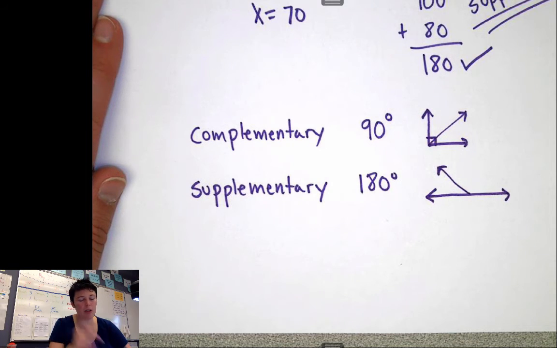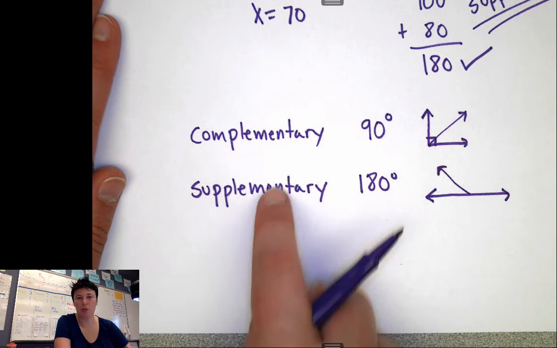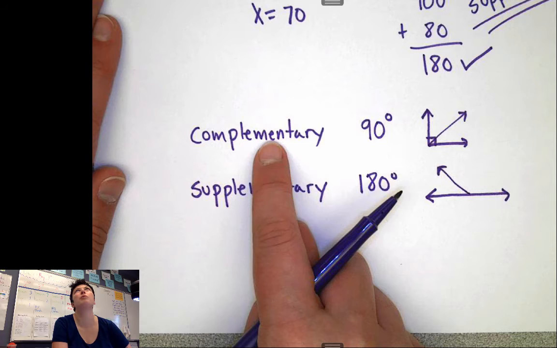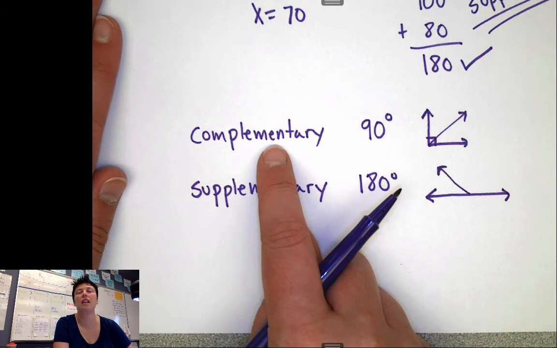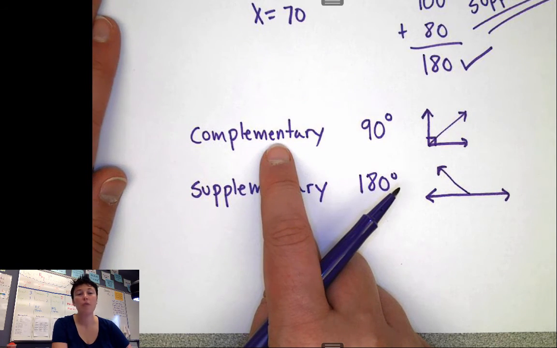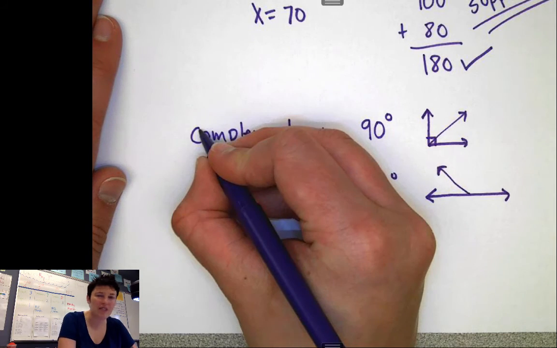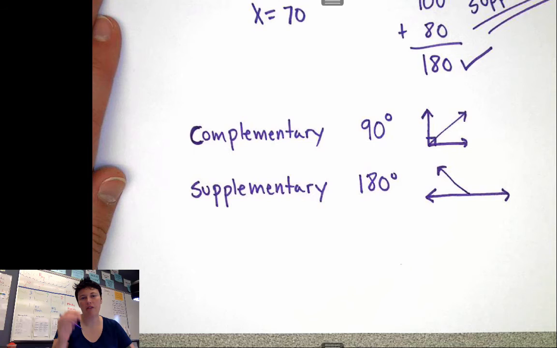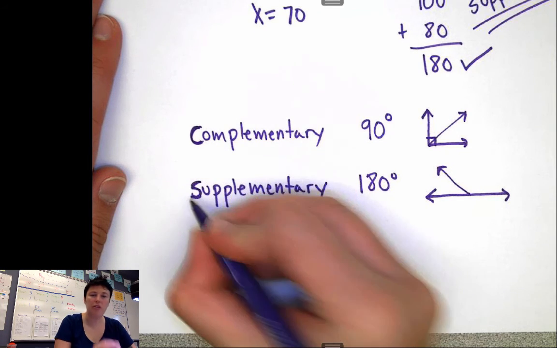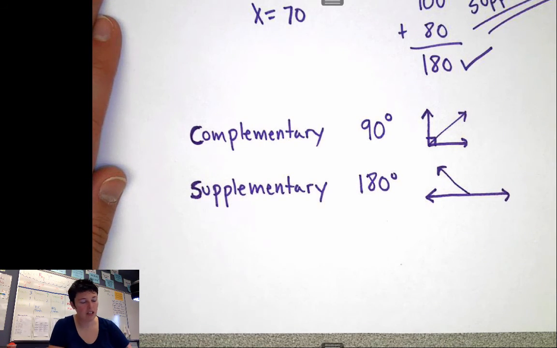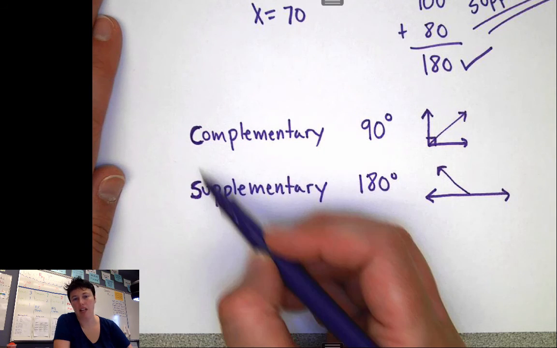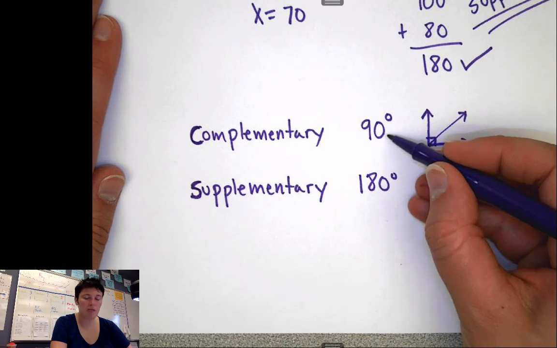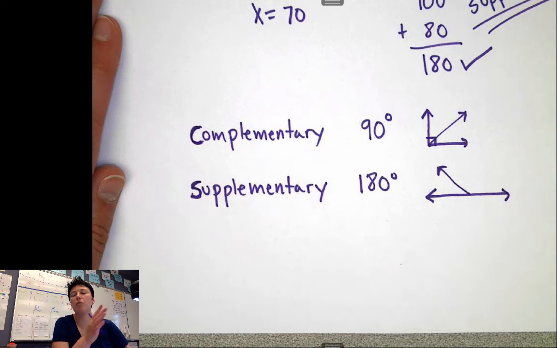The way I kind of remember it, because I used to get these words switched in my head, I'd be like, supplementary, is that the 90 or the 180? I can't remember. Well, here's how I remember it. I think of it in alphabetical order. C for complementary is first in the alphabet before S. So if you're doing your A, B, C, D, E, F, G, C is going to come first before the S. Well, 90 is smaller than 180, so if I'm putting my numbers in order, 90 comes first before the 180.